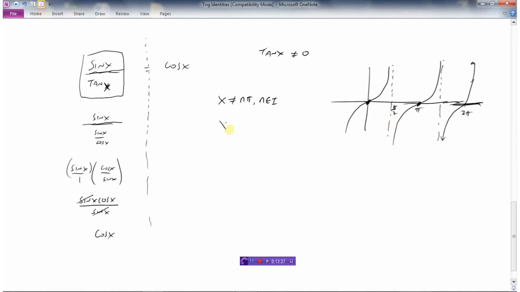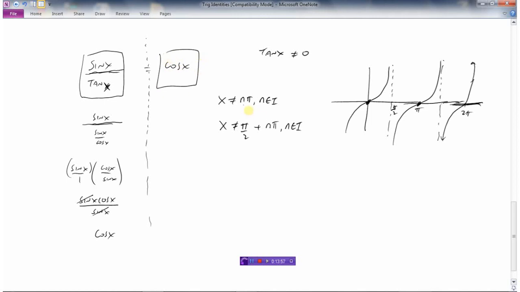So other non-permissible values are pi over 2, and then those asymptotes also occur every pi units. So x cannot equal pi over 2 plus any multiple of pi. Those are the values that would not work in this identity.